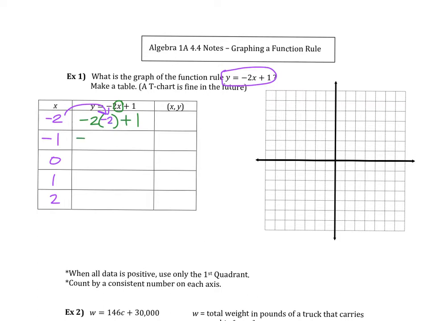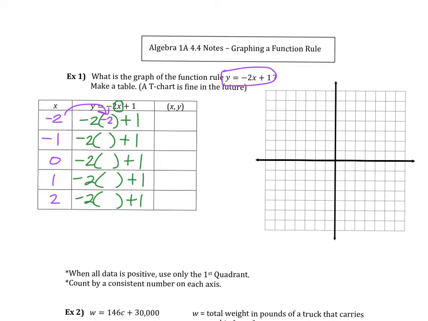So all the way through, this is -2 times something plus 1, -2 times something plus 1, and -2 times something plus 1. Okay, you're using the function -2x plus 1, and you're just taking out the x value, and you're putting in the number that we want to take its place, okay?